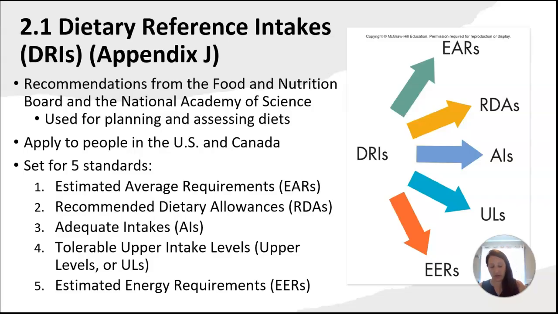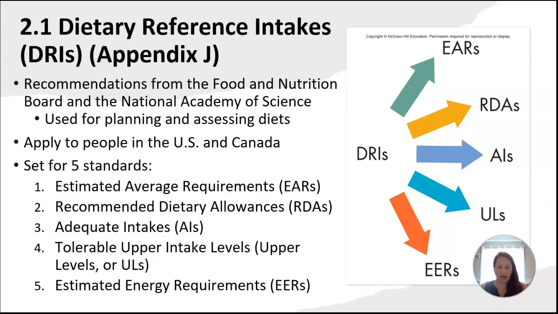It's in the back of our textbook, but I've also put a link to it on our Brightspace course site so that you have easy access to a PDF of that file. All of these standards that we're going to talk about are in Appendix J. And there will be a separate video of me going through that appendix just to make sure that you understand what's in there.